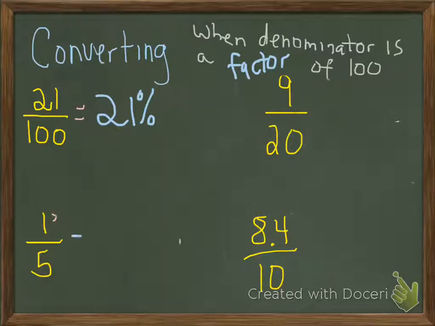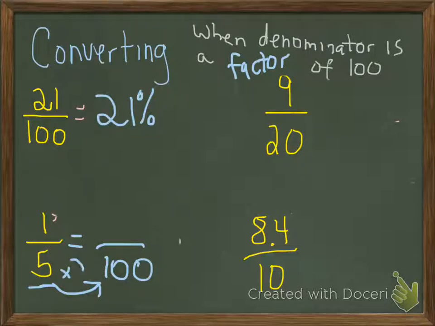If it's not out of 100, like this 1/5, we want to make it an equivalent fraction out of 100. Since we're using a factor of 100, it can be easily divided into 100 to create the equivalent fraction. So we want to think like we had before. 5 times what number equals 100?